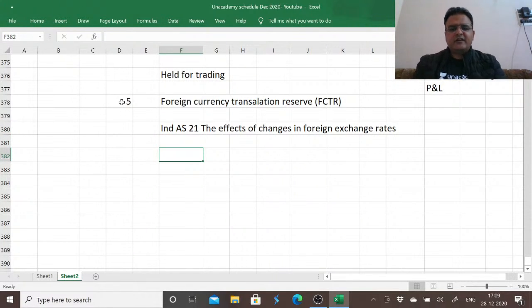So when we deal with foreign currency items, there are two stages to it. One is determining the functional currency. Now determining the functional currency is not an accounting policy choice.